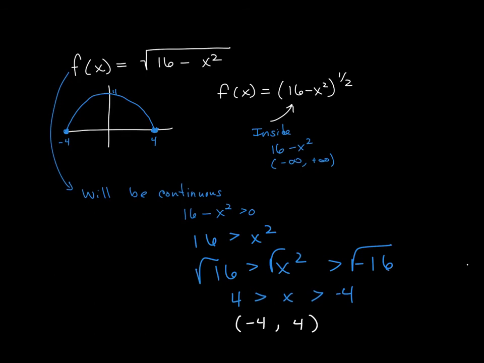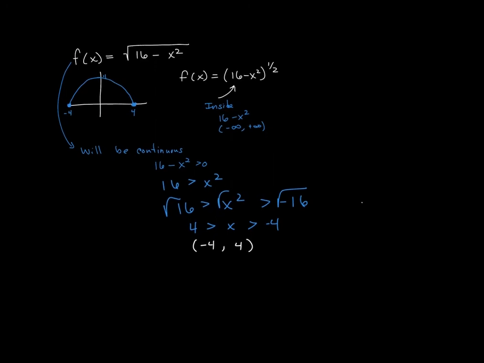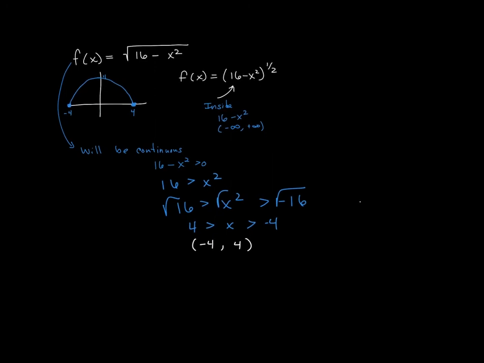Now we have to see, looking at the right-hand side and left-hand side, if negative 4 and 4 are included. It does appear to be so, which is what we have shown up here. Now, let's test some different points to find out if it is equal to 0. We need to know what happens at f of negative 4 and at f of 4.